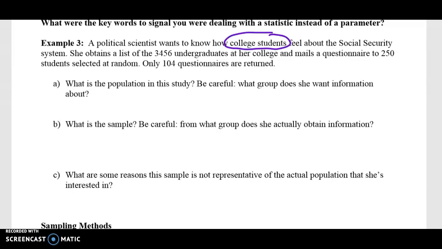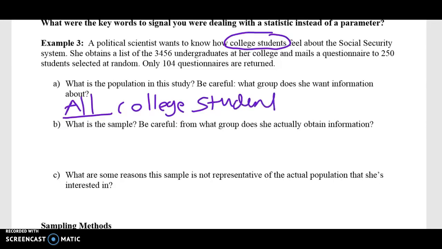So in part A it says what's the population, which when we're asking that we're saying what group do we want information about. The population is all college students. And for part B it says what is the sample. So we're given some different numbers here. We have the 250, we have 104 that are returned.